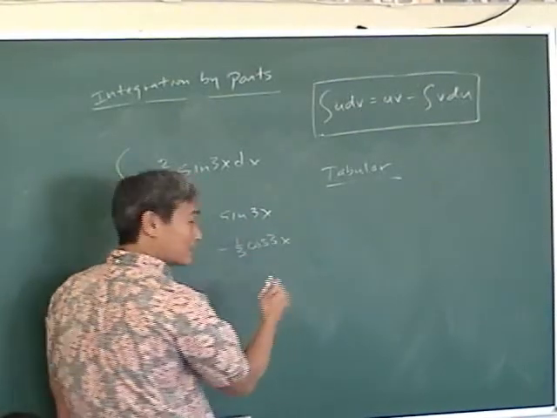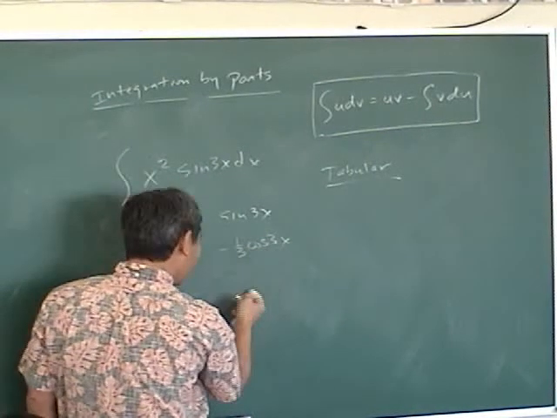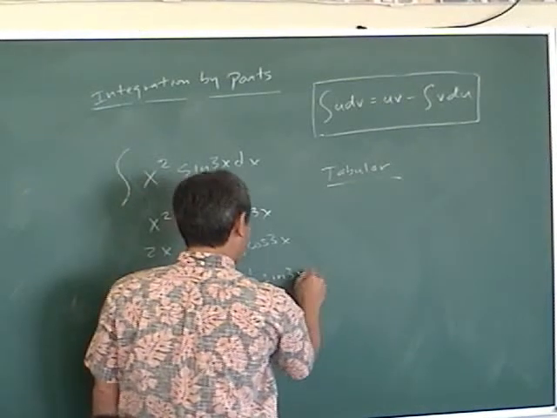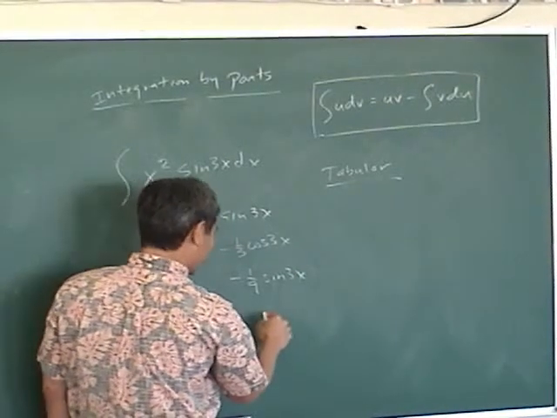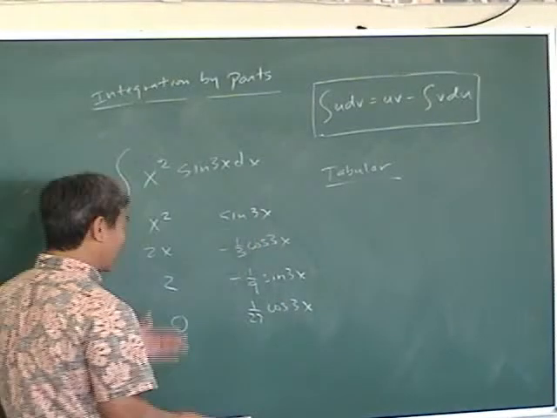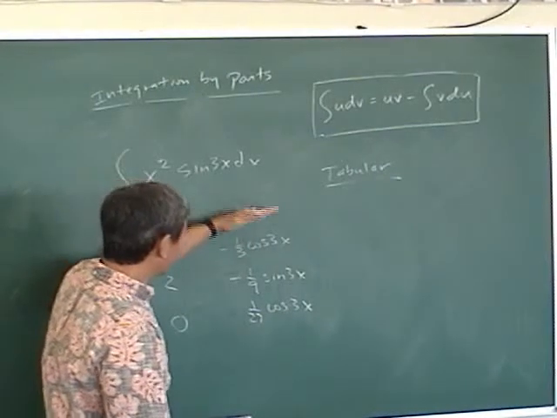We're not going to put the plus c at the end. Then you do another integral. Negative 1/9 sine 3x. And then you do another antiderivative. 1/27 cosine 3x. So you get it? In this column, you do derivatives. In this column, you do antiderivatives.